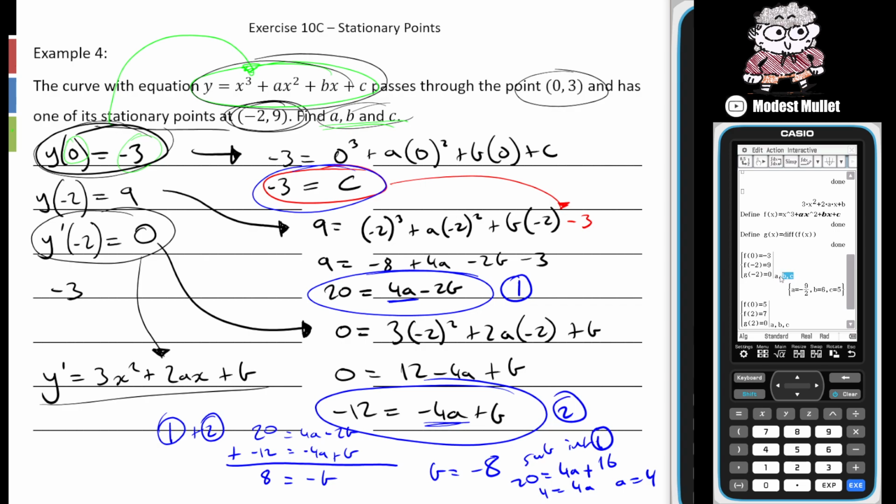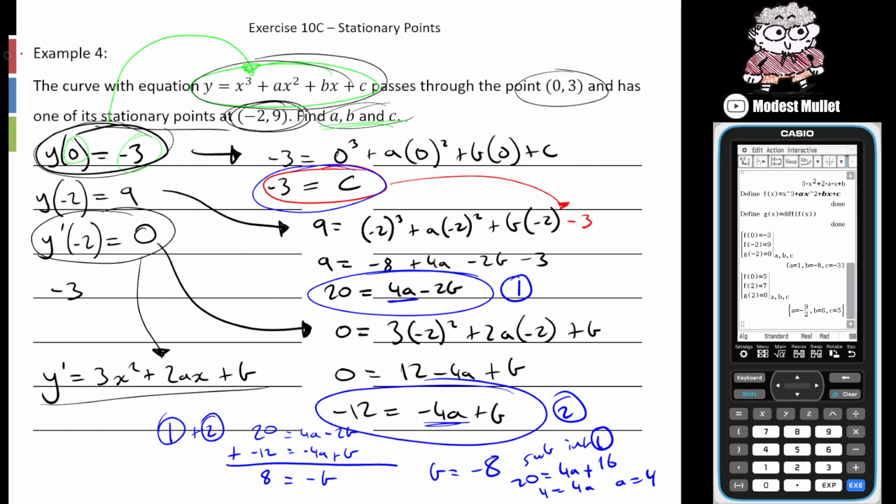We just have to be careful, we need to tell it we're solving for a, b, c. That's what we used up here in our originally defined function. Hit enter. It's going to rerun again, and we get a is equal to 1, b is equal to negative 8, and c is equal to negative 3, which was the same as our answers.